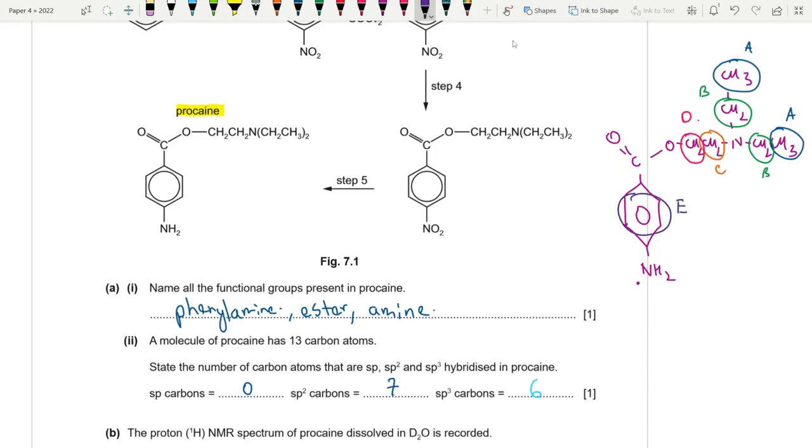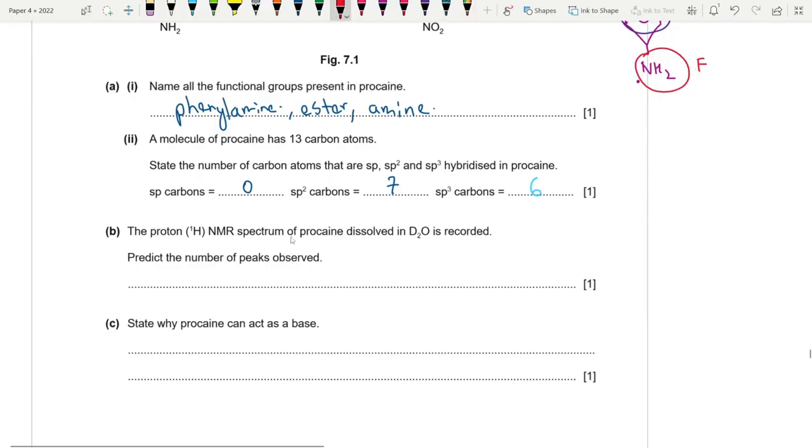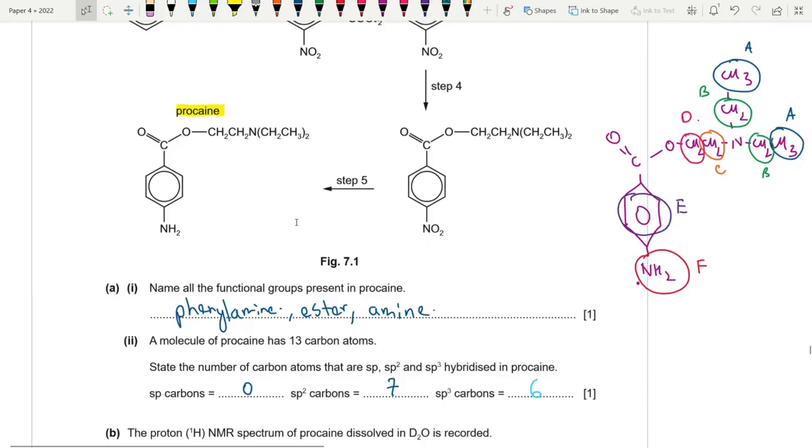This is group E. And this NH2, it's actually F. So how many peaks do we see for procaine? It's actually 6 peaks, yeah? So that's 6 peaks. Hopefully you guys could understand. 1, 2, 3, 4, 5, 6.